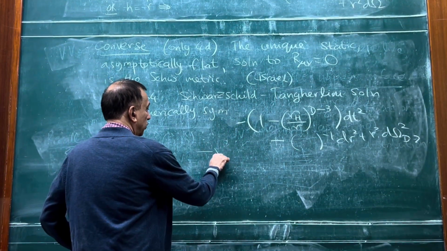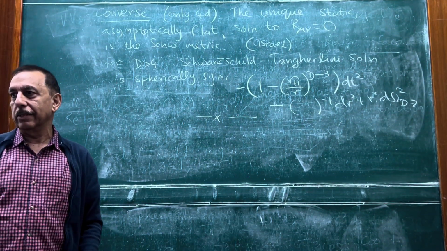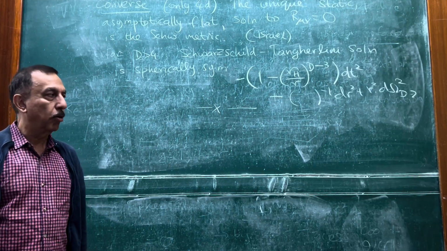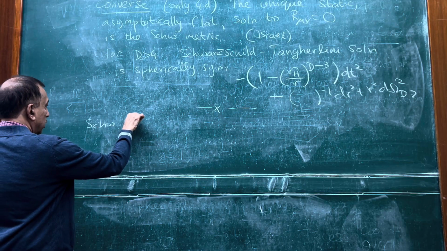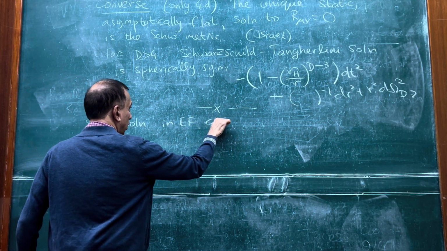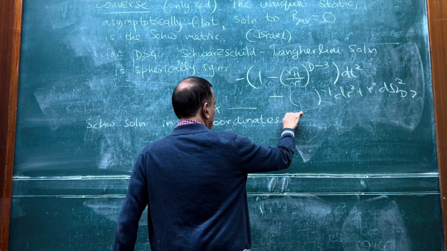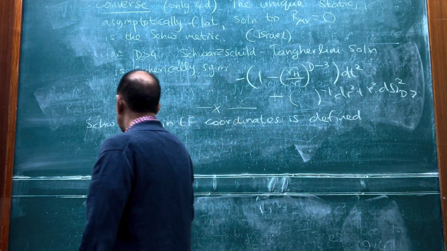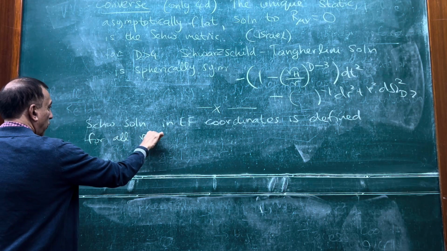Now back to the black hole discussion, and we haven't really proved that this Schwarzschild thing is a black hole. And to prove it, we need to prove that the horizon has some special properties. So what we can say up to now is that the Schwarzschild solution in Eddington-Finkelstein coordinates is defined for all r greater than 0.